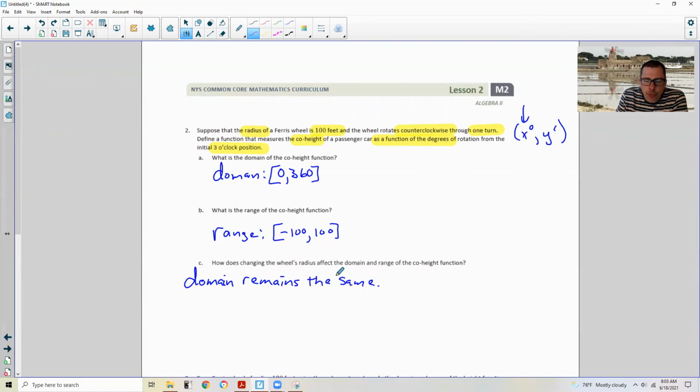Okay, and the range, if we change the radius, the maximum and minimum increase or decrease. So how could we say this? The range of the height depends on the radius. So the range of the height function is whatever the radius is, negative, comma, positive.